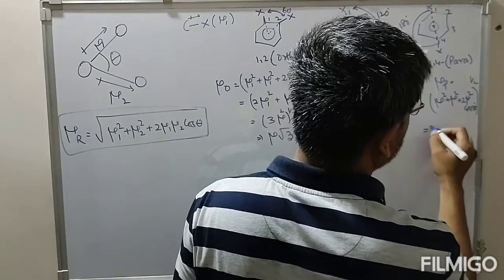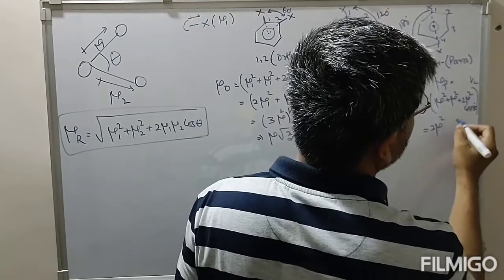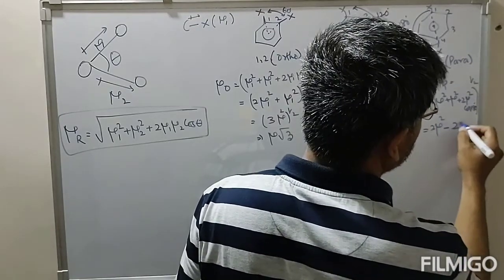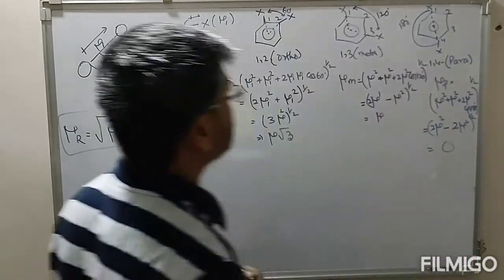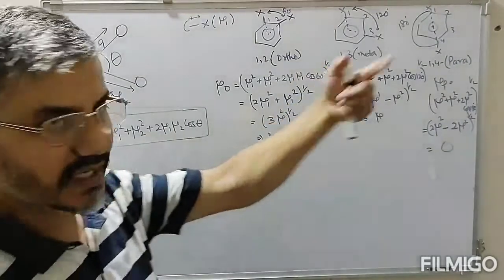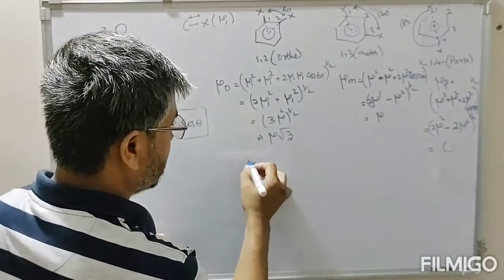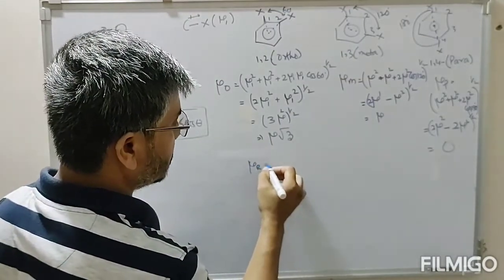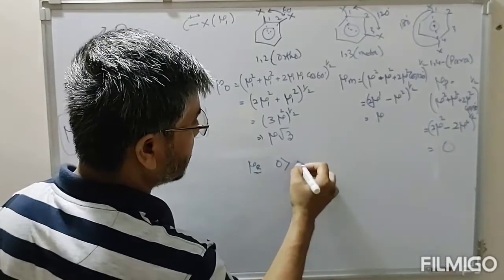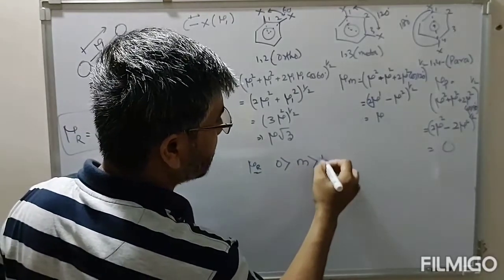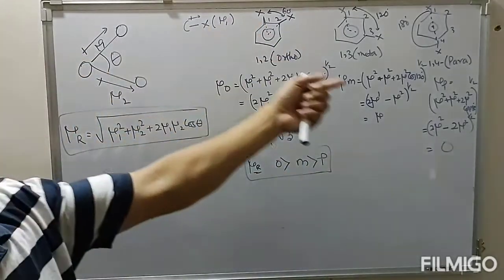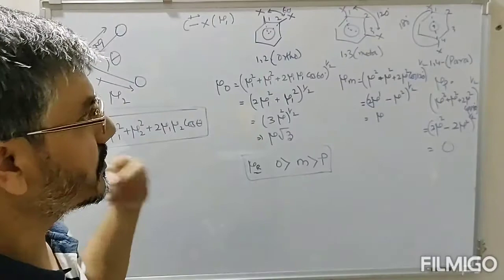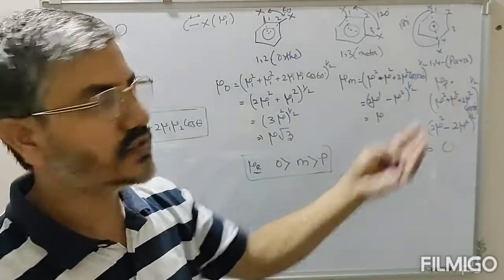Cos 180 is minus 1, so this is 0. When we compare ortho, meta and para, the resultant for ortho is greater than meta, greater than para. So in these types of cases, accordingly we can compare the values.